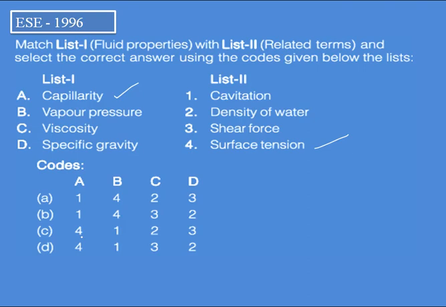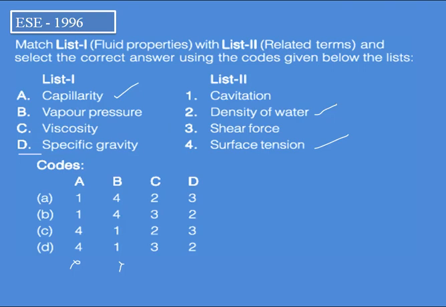So just now I said, when you get such options, don't go with that. Just leave these A and B, and now you go with C and D. By that you directly get the answers. So now I just want to go with this D, which is specific gravity. Specific gravity means the density of liquid divided by the density of water, right?